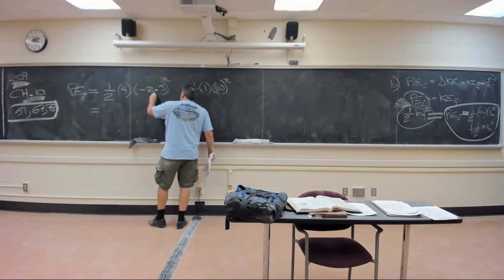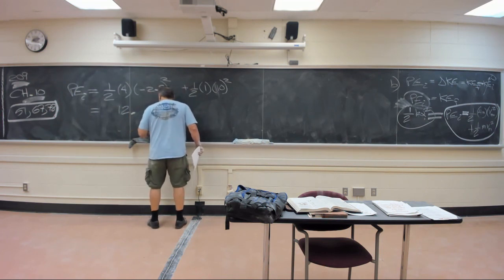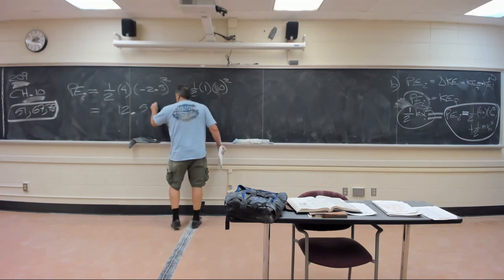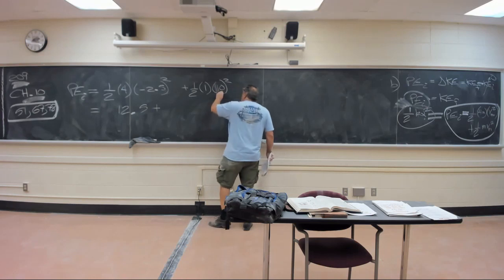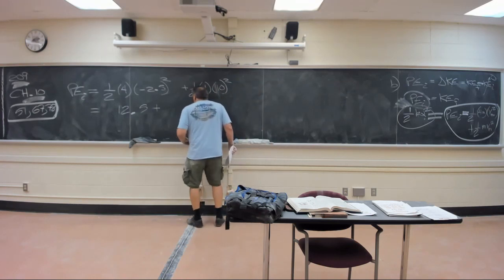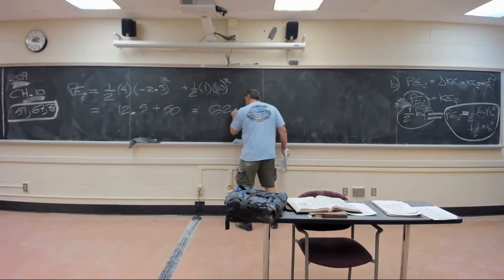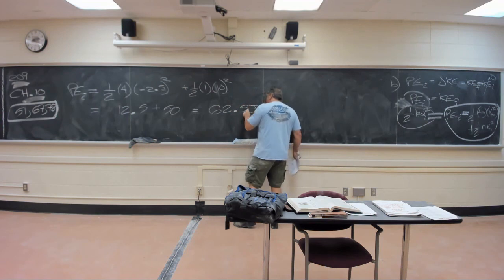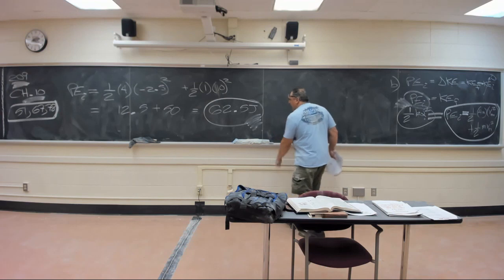The quantity negative 2.5 squared is positive 6.25. 2 times positive 6.25 is 12.5. 1/2 of 1 is 0.5. 10 squared is 100. 1/2 of 100 is 50. 62.5 joules of total kinetic energy.